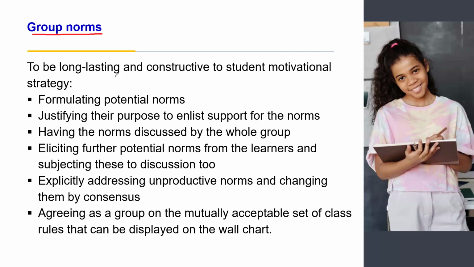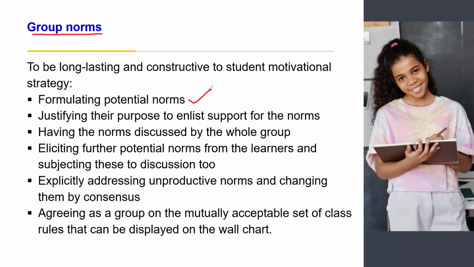in order to bring about success to the group dynamic. Like the first one I mentioned, formulating potential norms. So we see what might be happening, or might be the rule for our group to follow within our class. And then after students have a lot of ideas about this, we will move to the next one.